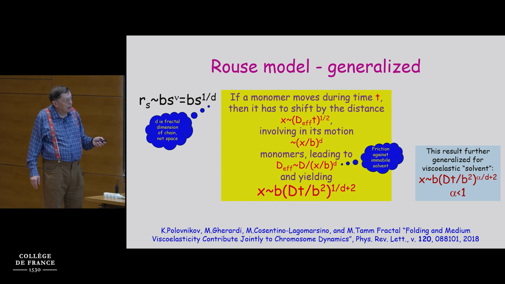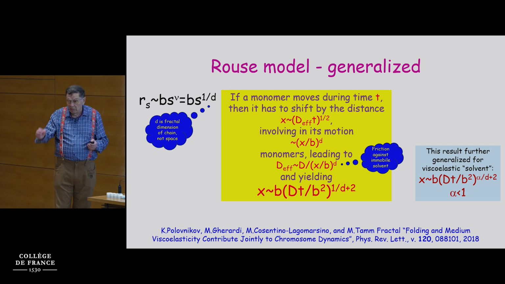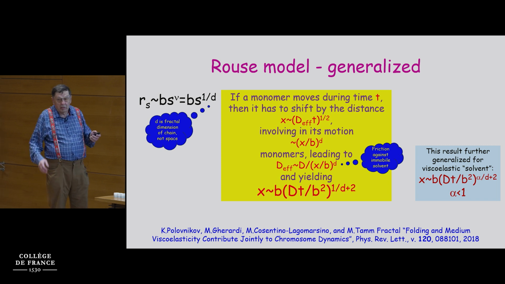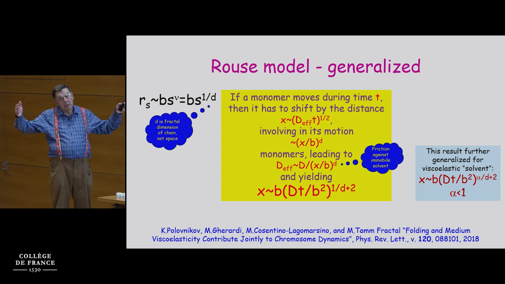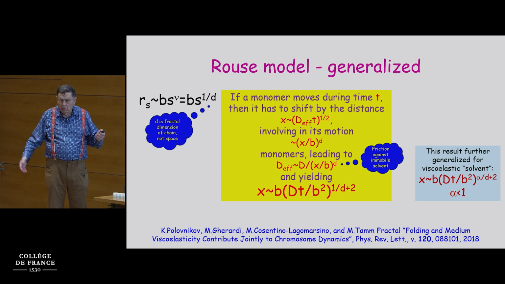So x displacement is proportional to time to this strange power. So if d is 2, a Gaussian polymer, then it is 1/4. It is the classical Rao's result that one monomer moves like t to 1/4, as long as this S is smaller than the polymer as a whole. As soon as it becomes a polymer as a whole, you are back to normal diffusion, as I told you in the previous slide.